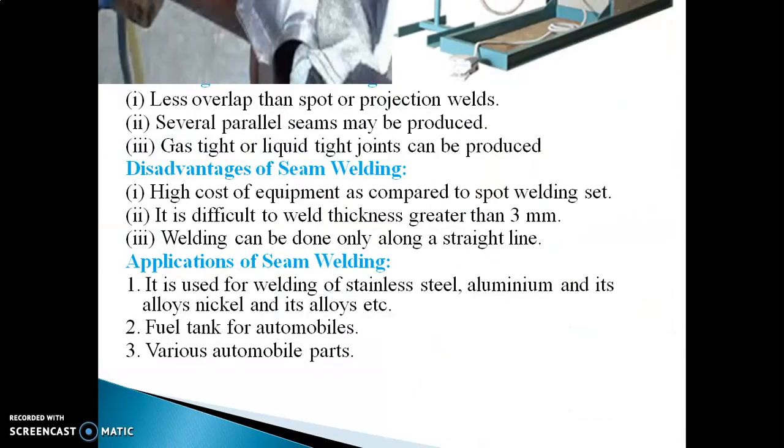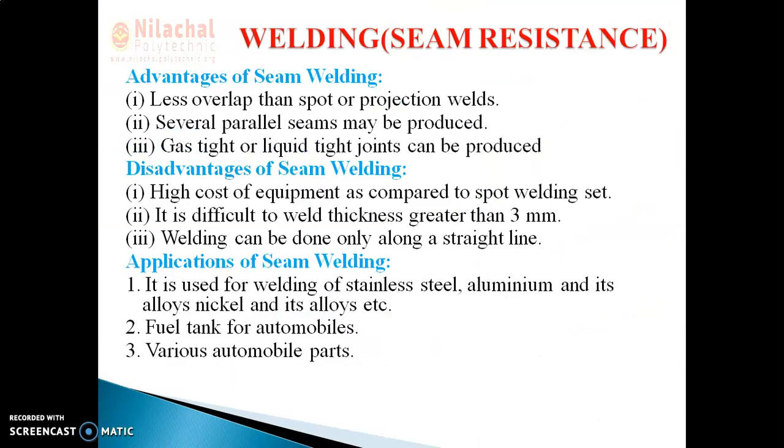Now let us discuss the advantages, disadvantages and applications of seam welding. First of all, the advantages of seam welding: less overlap than spot and projection welding. If you want to prepare a tank using spot welding, it is also possible.